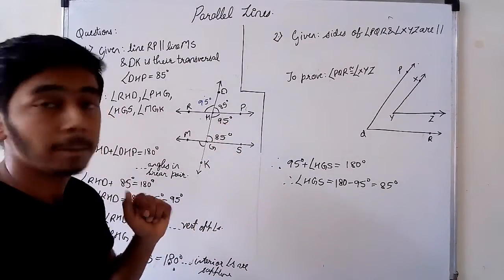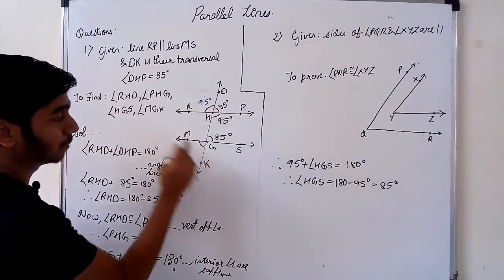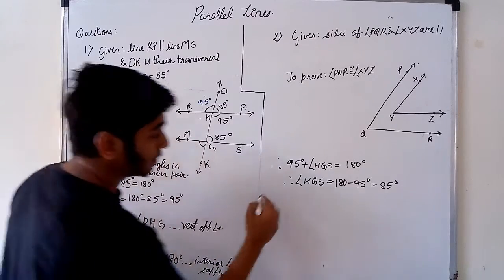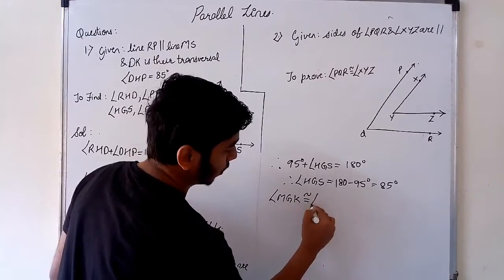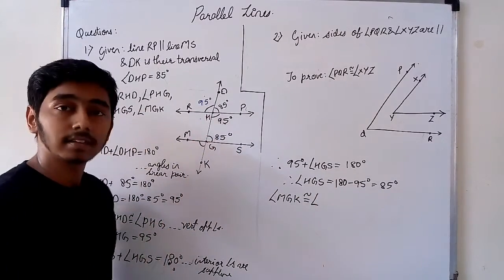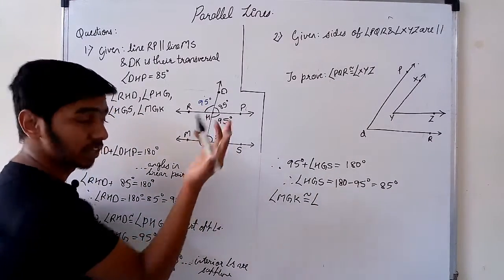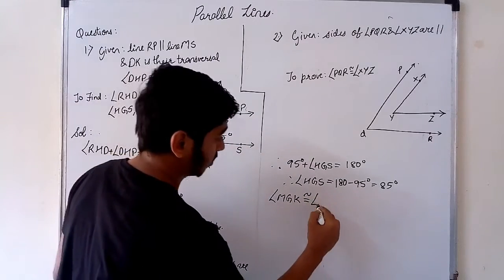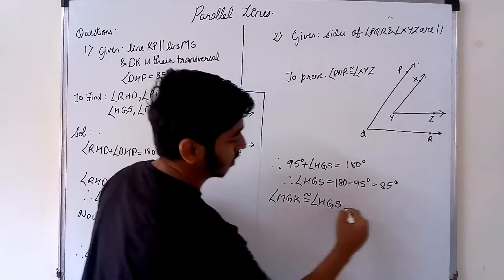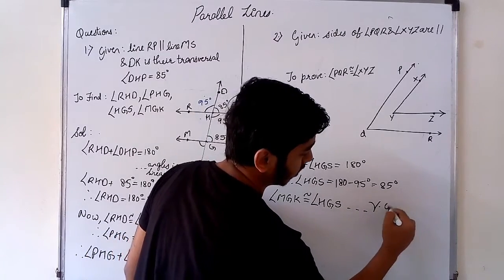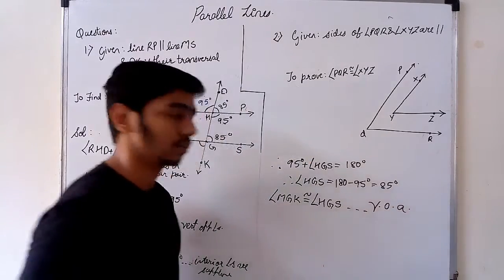Okay. Now we need to find MGK. Therefore, to find MGK, MGK is congruent to HGS. Correct? Why? Because vertically opposite angle. Therefore, HGS. The reason for this, vertically opposite angle.